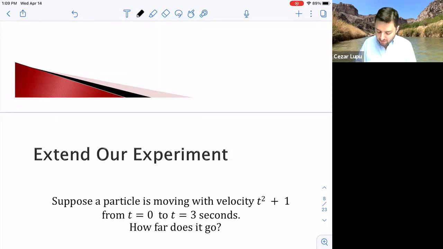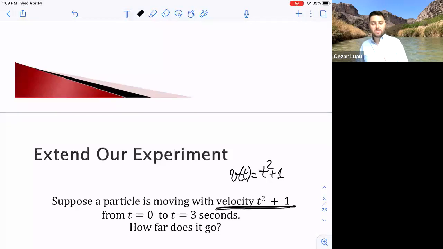So the particle is moving with velocity t squared plus 1. So the velocity v of t is t squared plus 1, from t equals 0 to t equals 3 seconds. So how far does it go? So what do you think? You see the difference? So this is, let's say, question 4.